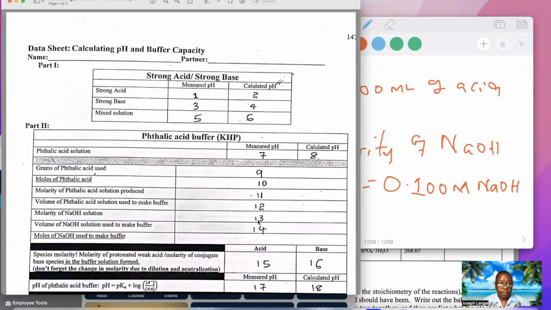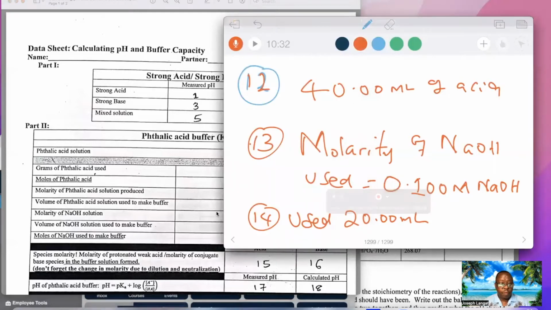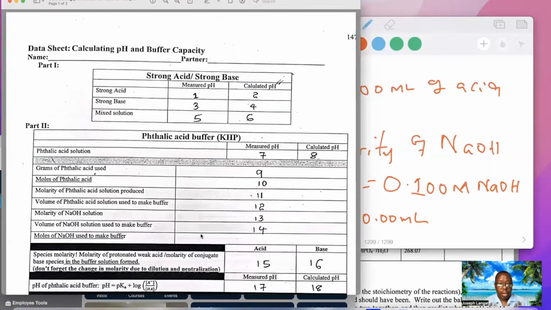This is of the fume hood. Volume of NaOH used, 14, you use 20.00 ml as the volume. You have to do that. The reason we use this is we want to convert it to moles of NaOH.